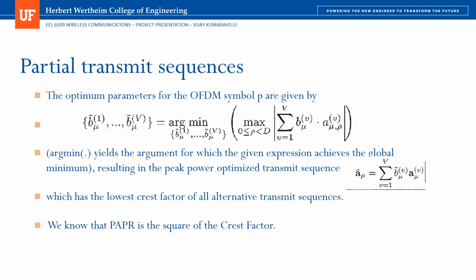We know that PAPR is equal to the square of this crest factor. So by making sure the crest factor has the lowest value, we will also be able to minimize PAPR.